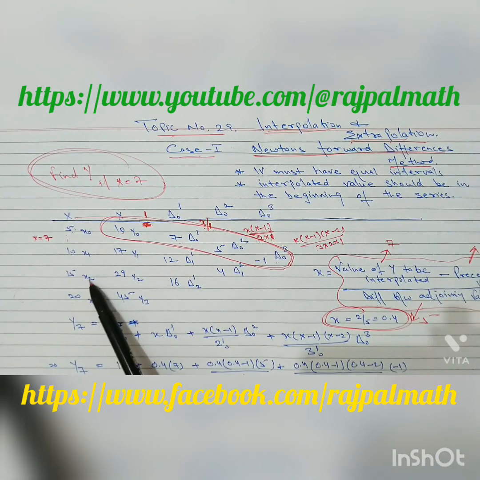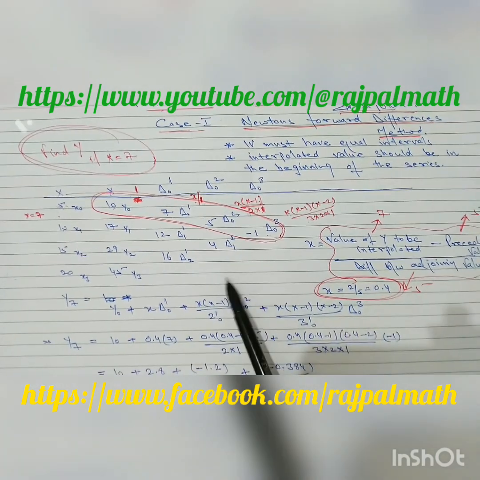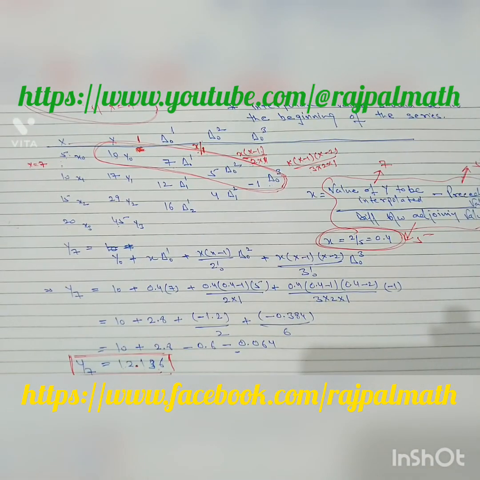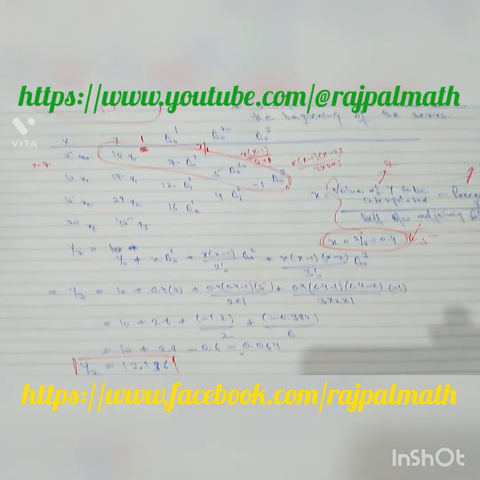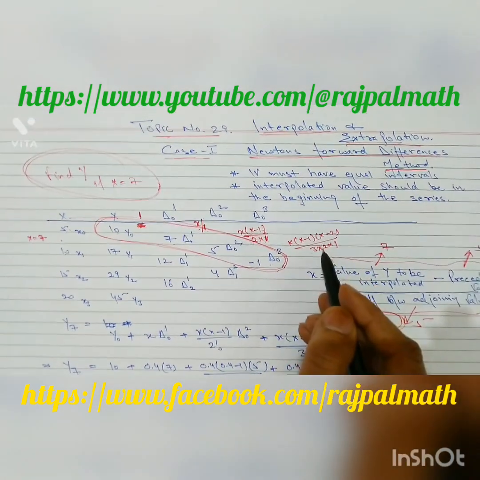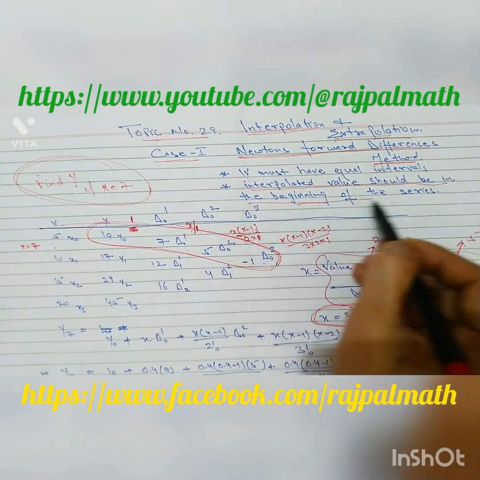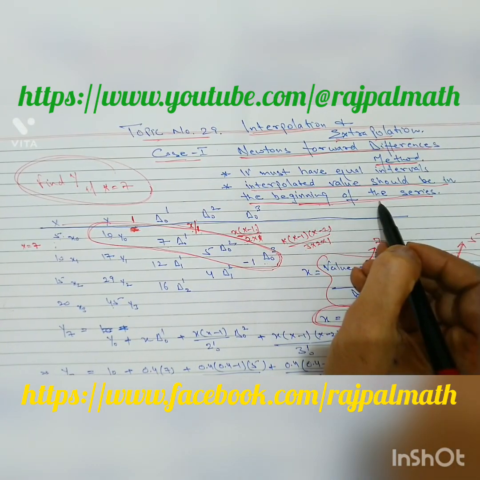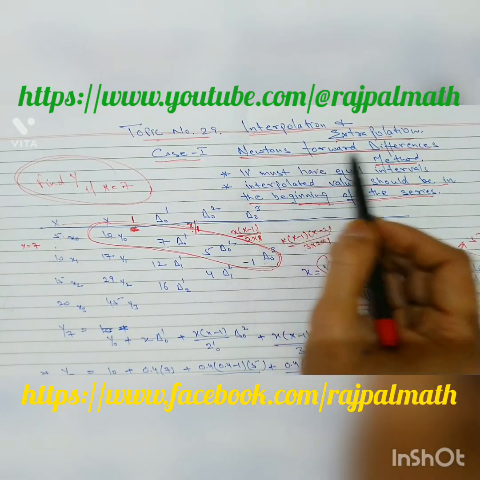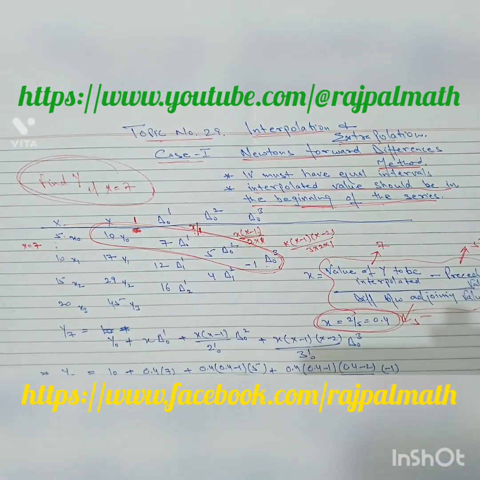The interpolated value should be in the beginning of the series. So our answer is y7 is 12.136. Clear? To find a value in the beginning of the series, we can use Newton's forward differences method, which is case number 1.